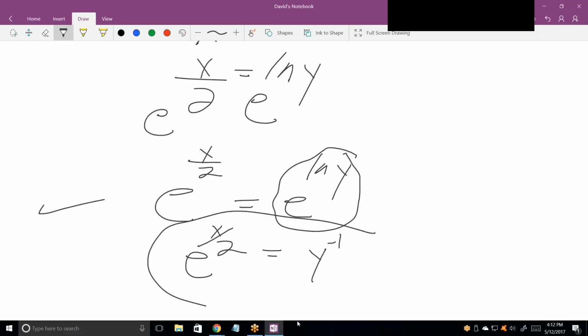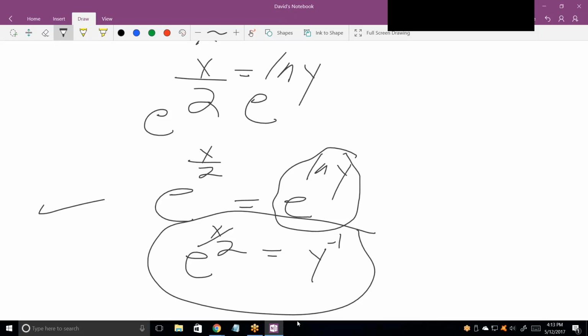So it wasn't really that hard. Just a question of understanding this concept, perhaps you've never used it before, of making the left side of the equation the exponent for a base and making the right side of the equation an exponent for the same base.